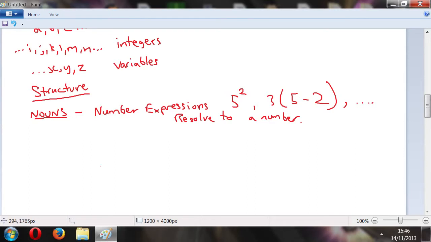So then we could have pronouns. Now pronouns, of course, describe the noun in English.